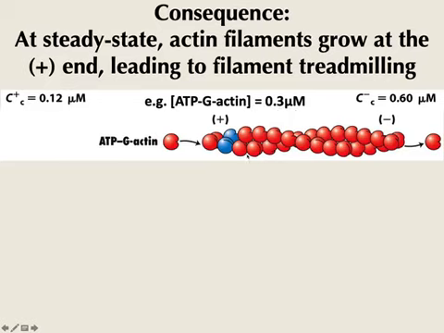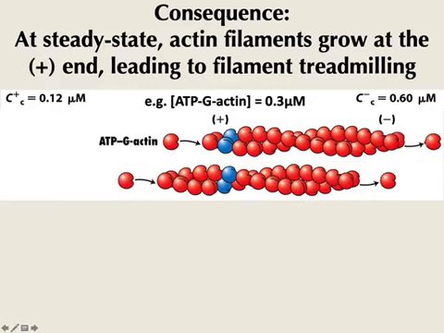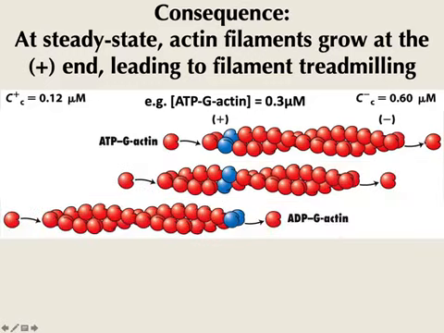So from that, you basically predict that there's going to be polymerization at the plus end and rather depolymerization at the negative end. So that's going to cause this treadmilling, right? And when you have this treadmilling happening, that means you can use polymerization, depolymerization to exert force, right? So you have some movement.